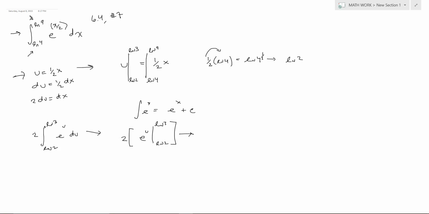Now, 2 times e to the ln of 3 minus e to the ln of 2 equals what? 2.